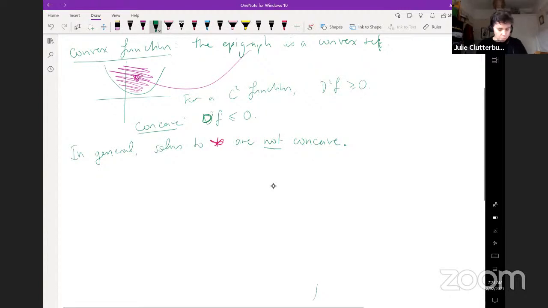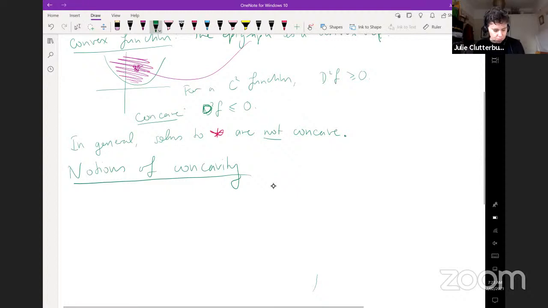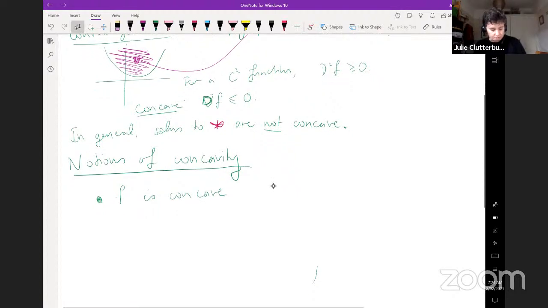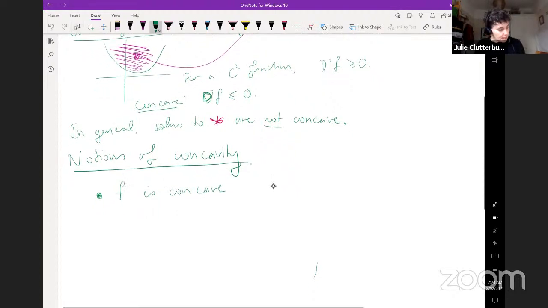Okay, so let's write some other notions of concavity, which are ranked. Firstly, this is the strongest: F is concave. If it's C2, then the second derivatives are negative semi-definite.